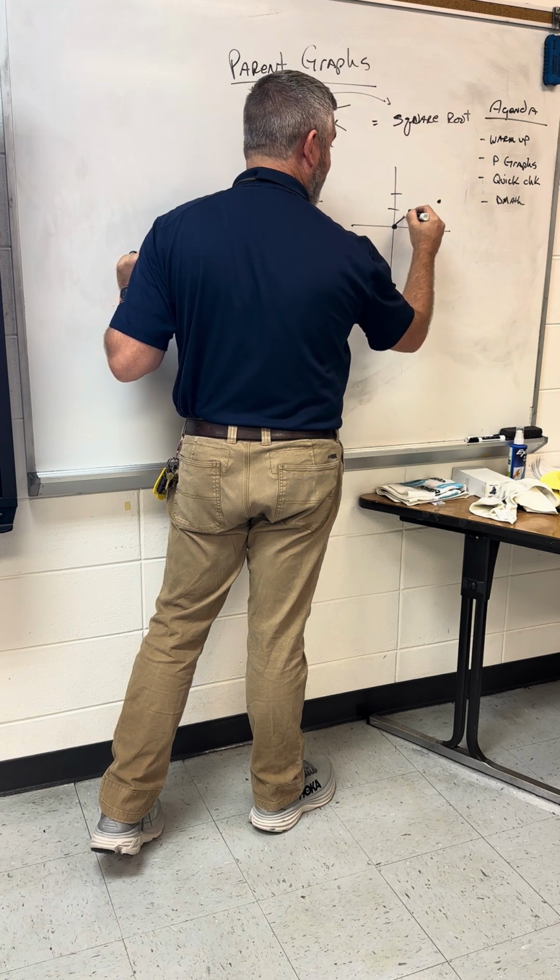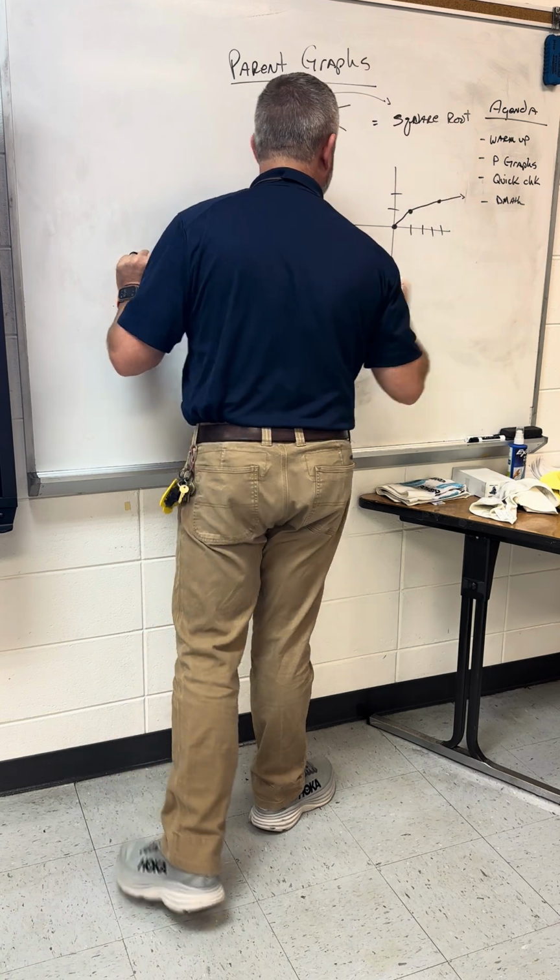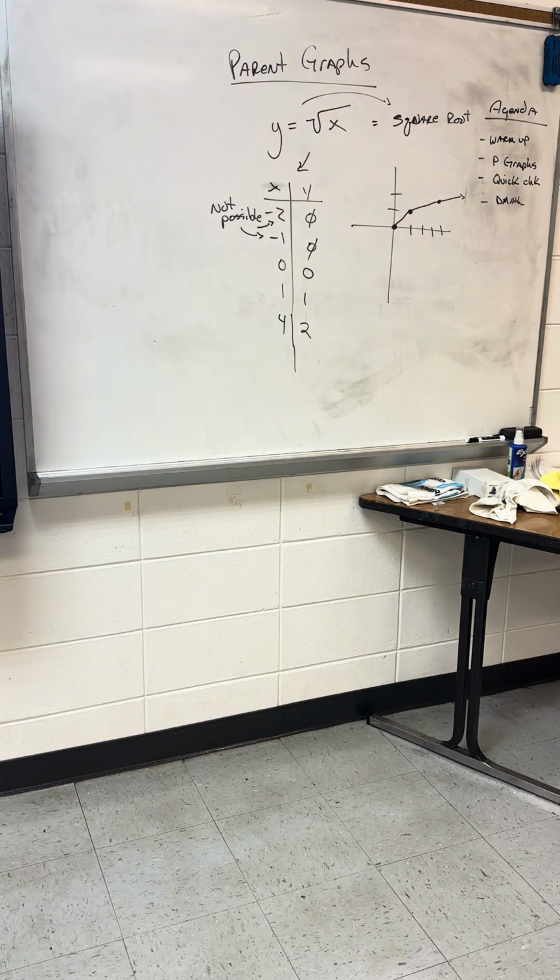So my graph looks like this. If I do it on Desmos, I get a much prettier graph right here. This is what the graph looks like. Can you see that? Copy it down in your notes.